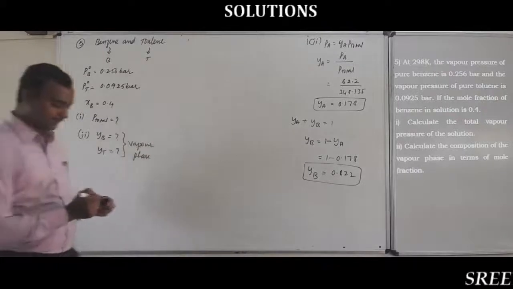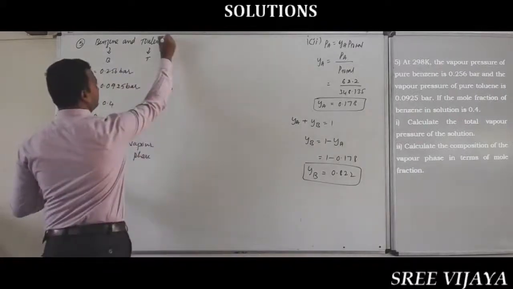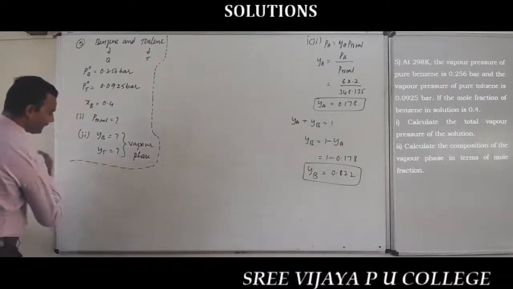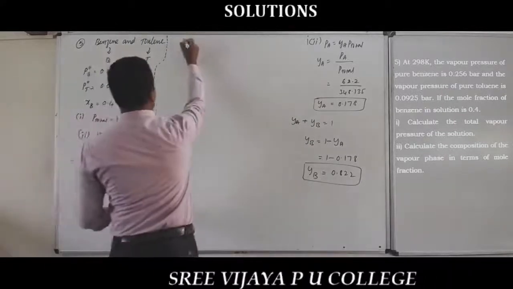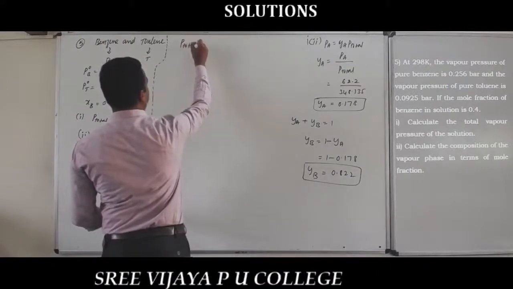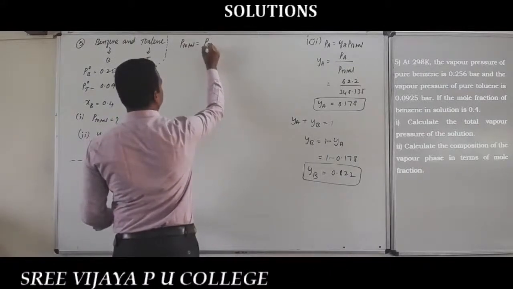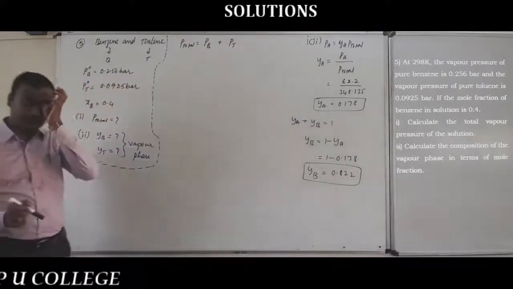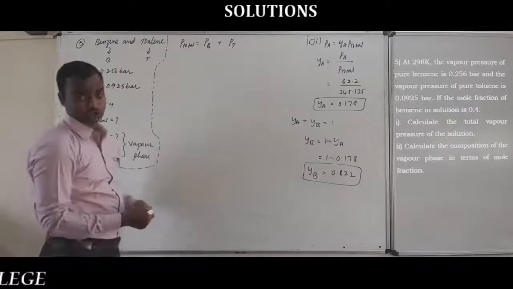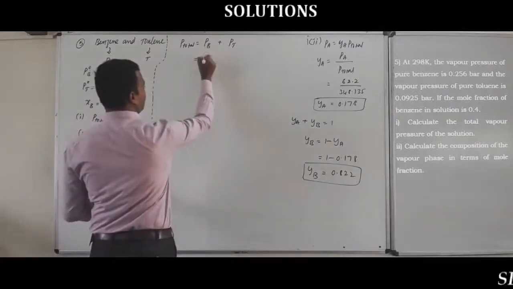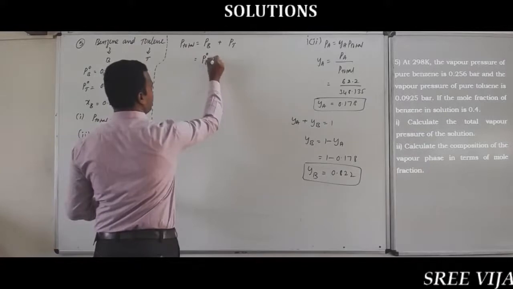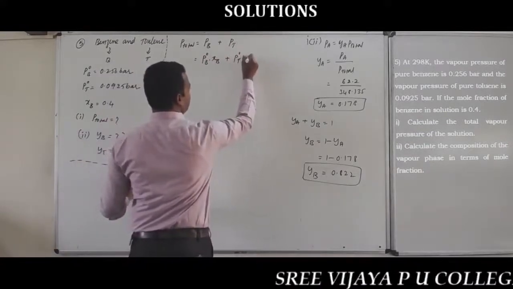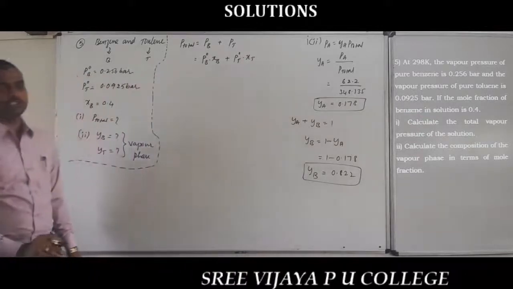So first calculate P total. Just apply Raoult's law and Dalton's law of partial pressure. So P total is equal to P of benzene plus P of toluene. That is the partial pressure of component benzene plus the partial pressure of component toluene. According to Raoult's law, Pb is equal to P0B into Xb plus Pt is equal to P0T into Xt, that is component toluene.